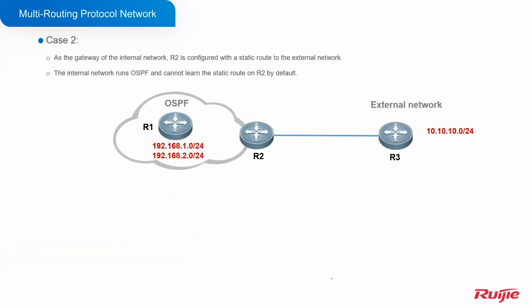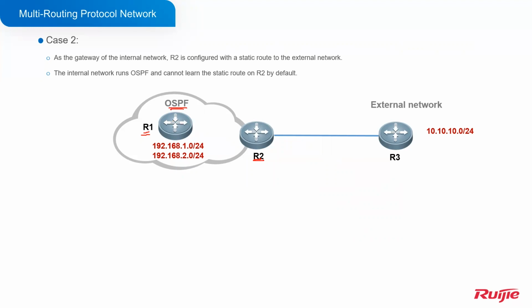And case two, as a gateway of the internal network, R2 is configured with a static route to the external network. The internal network runs OSPF, but since we configure the static route on R2, R1 will not get the route to the external network, because between R1 and R2, what we are running is OSPF.